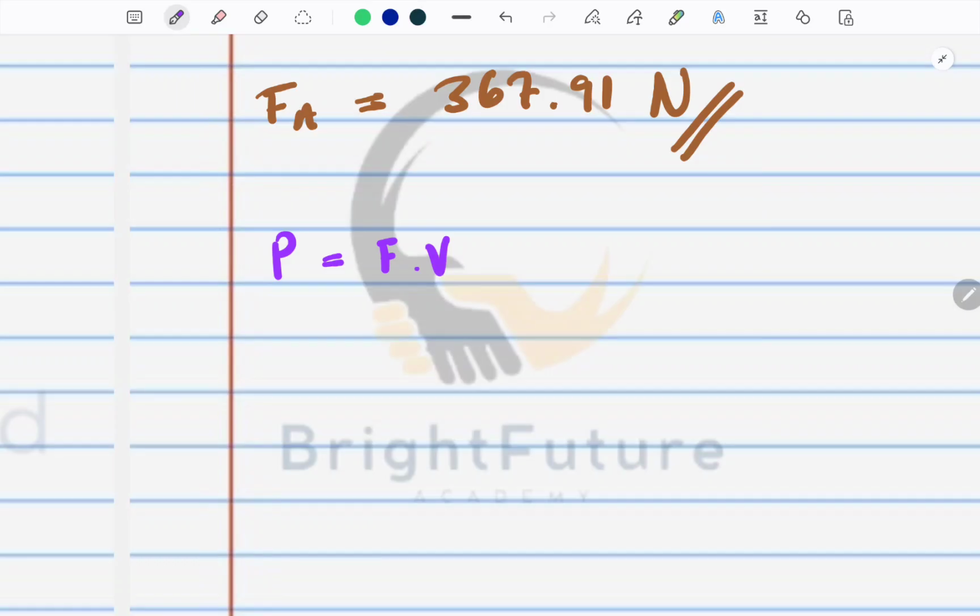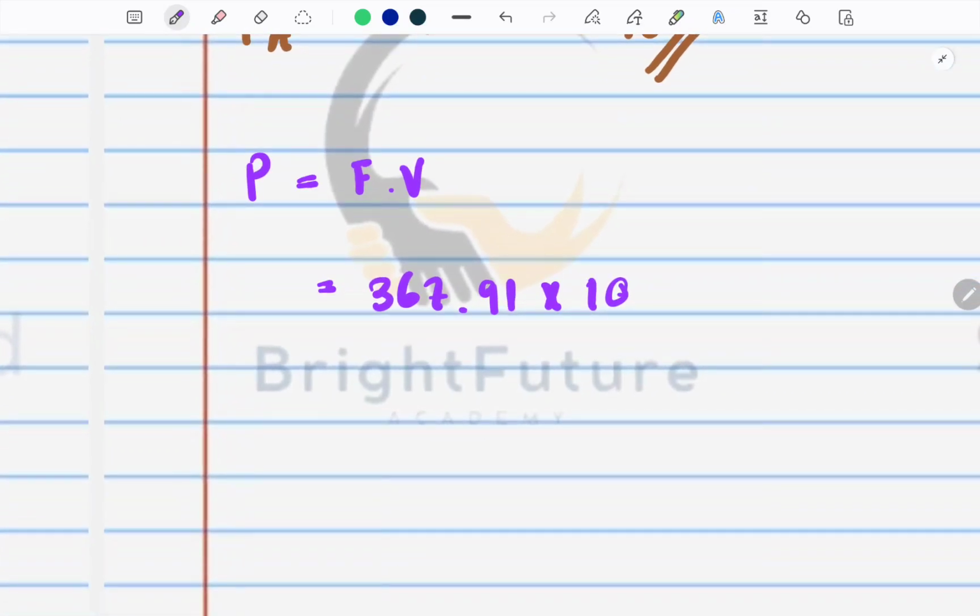This is one of the formulas we use for power. So it means we're going to say 367.91 times what is our velocity. Our velocity is going to be 10 meters per second. Then our power is going to be, let's punch our calculator once again.